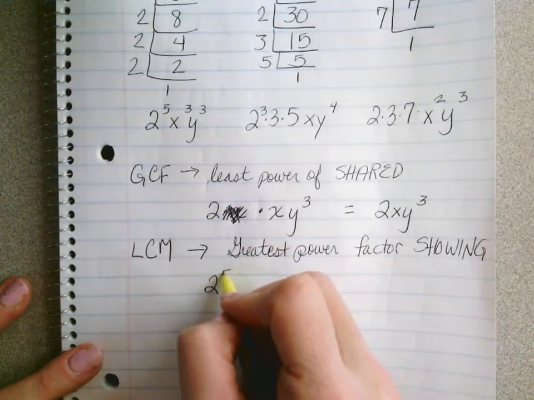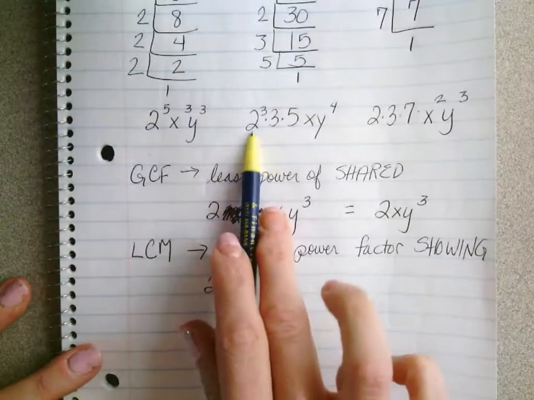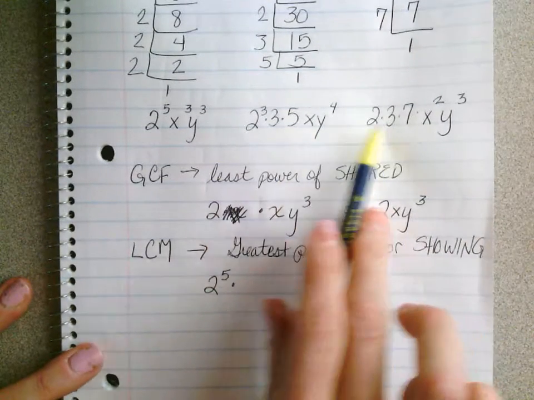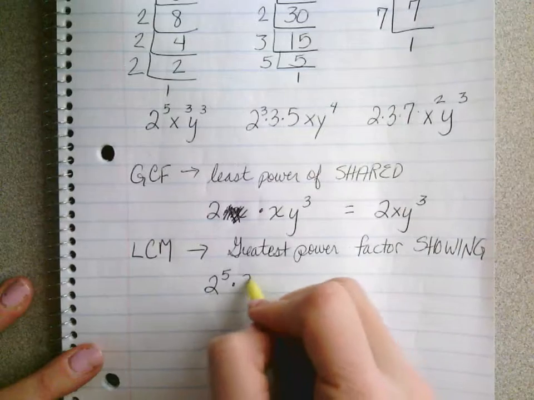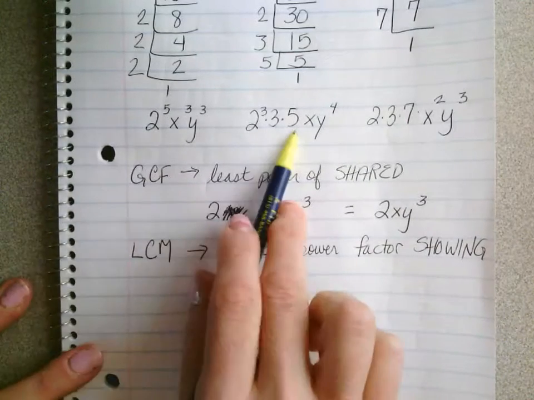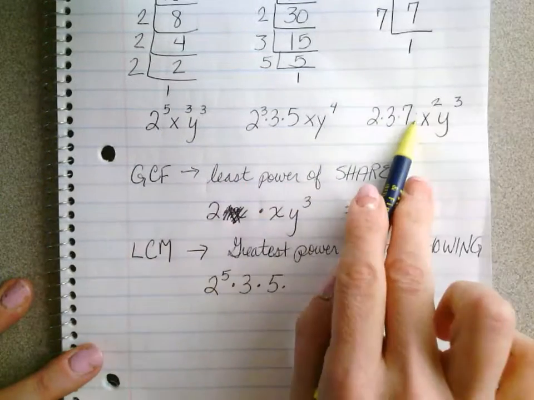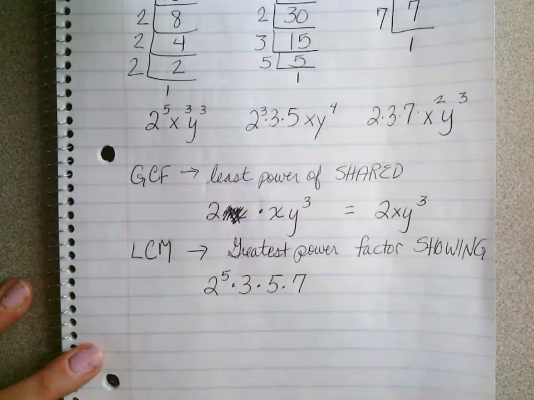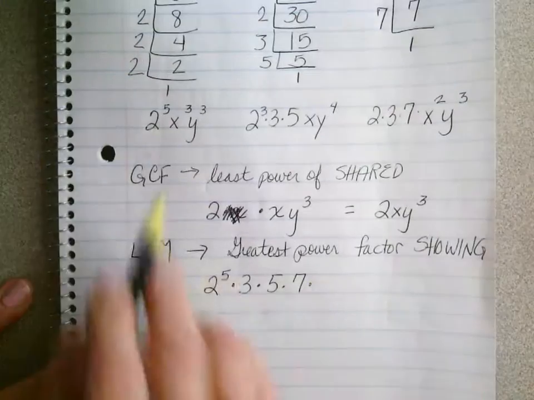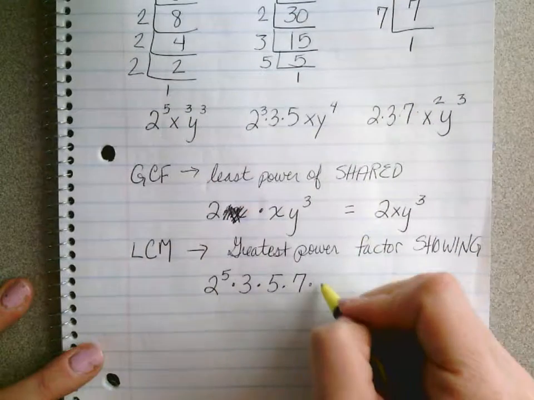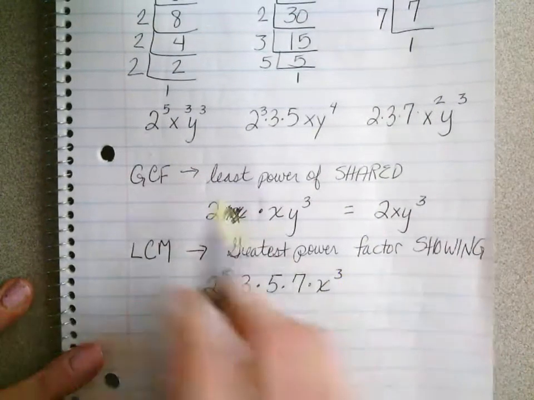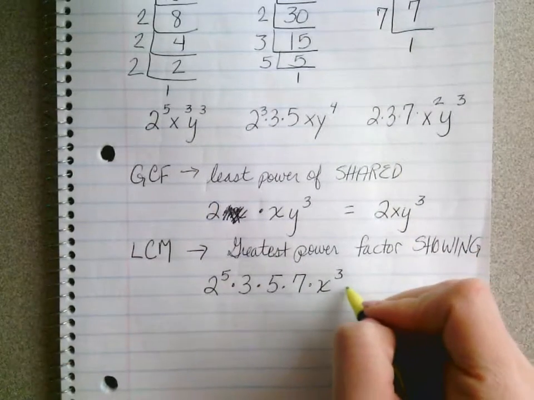Yep. 3's made an appearance. What's the largest power of 3? 5? 7. Largest power of x? 3rd, yep. Y to the 4th.